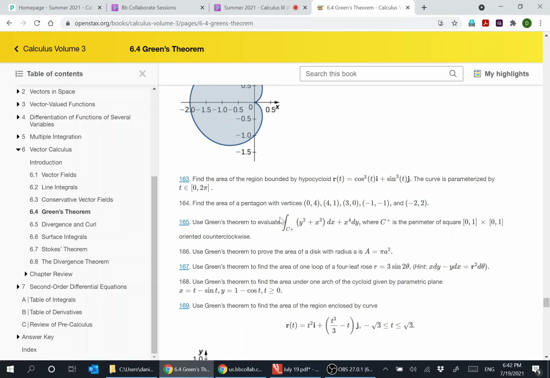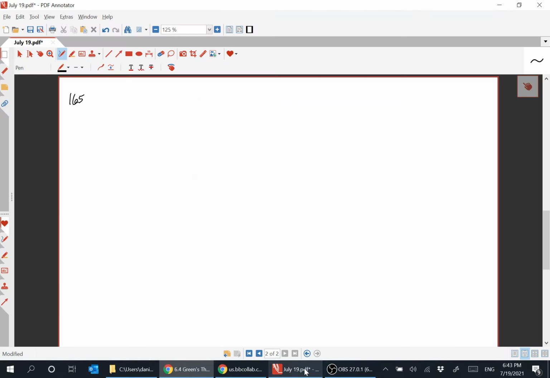Use Green's theorem to evaluate this one, where C plus, they're using C plus suddenly, is the perimeter of the square [0,1] cross [0,1] oriented counterclockwise. So this one, you can do on your own.